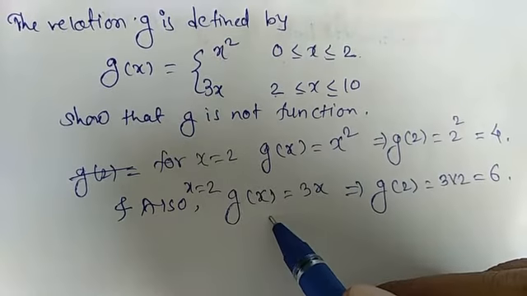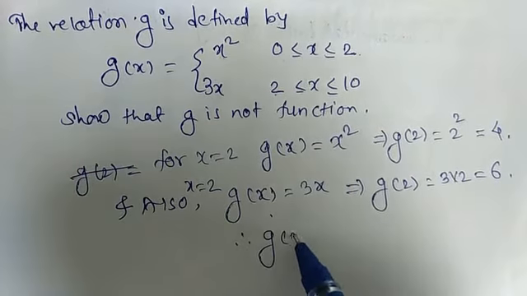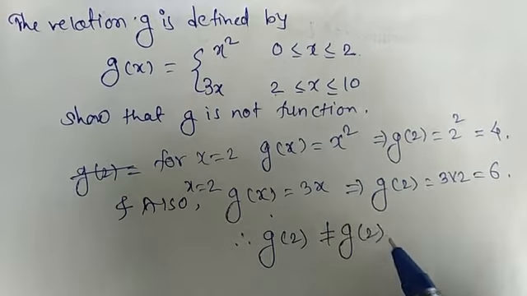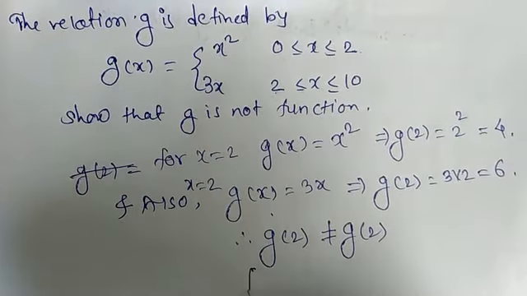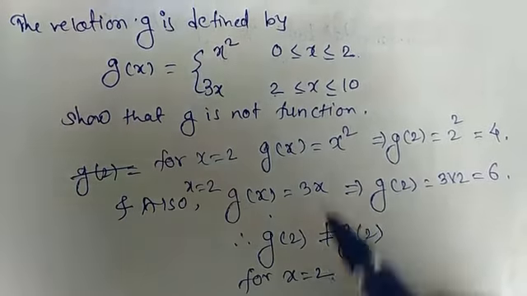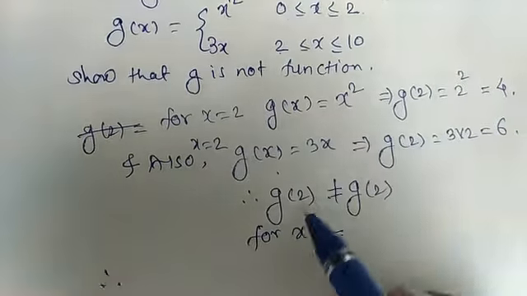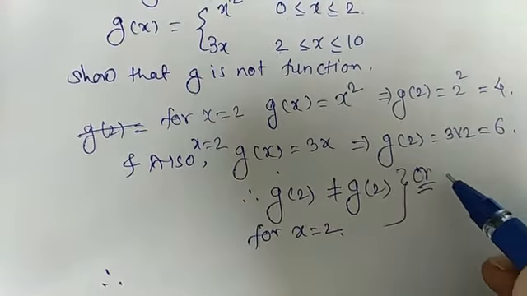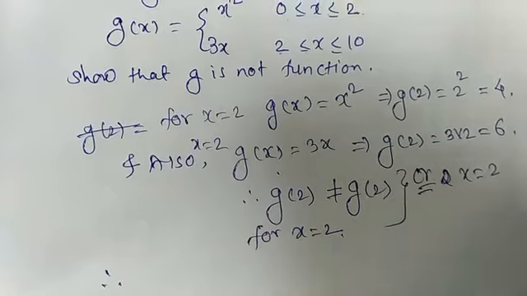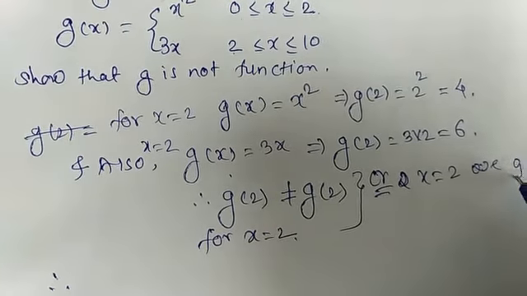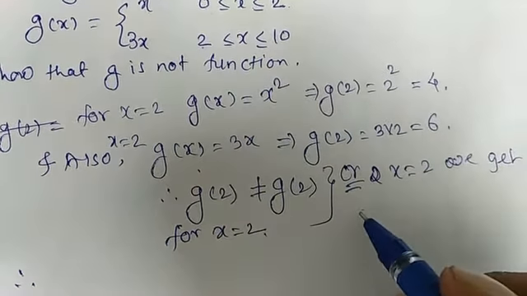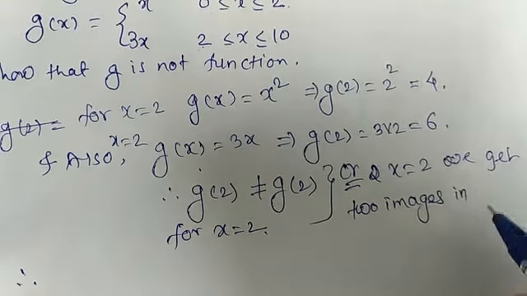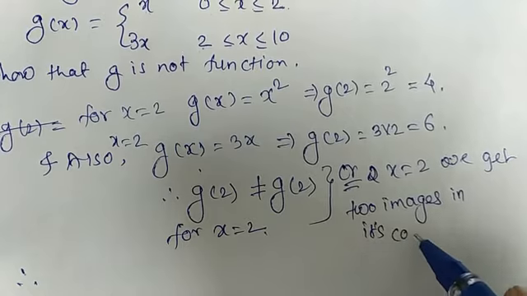Here both are different, therefore g of 2 is not equal to g of 2 for x equal to 2. Or you can say that for x equal to 2, we get two images in its codomain.